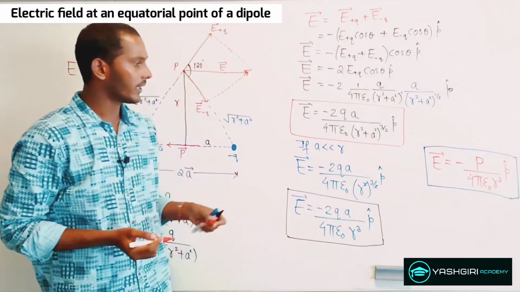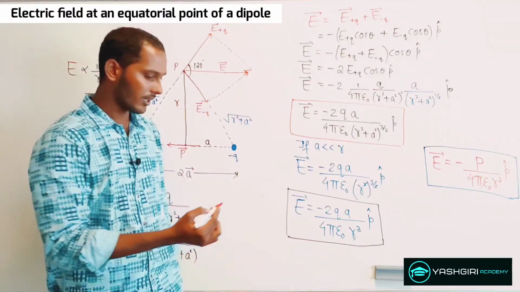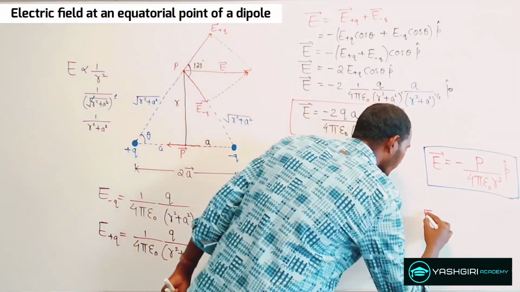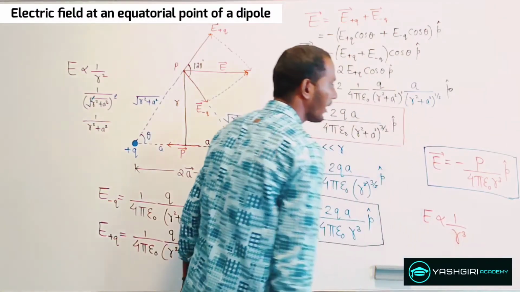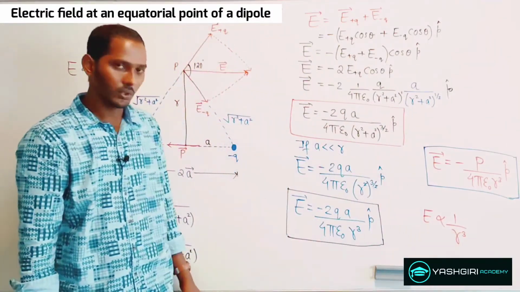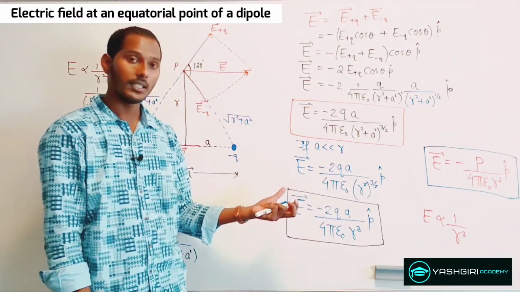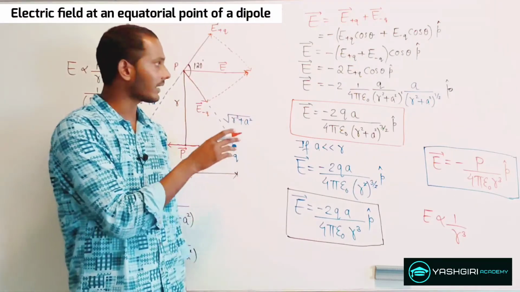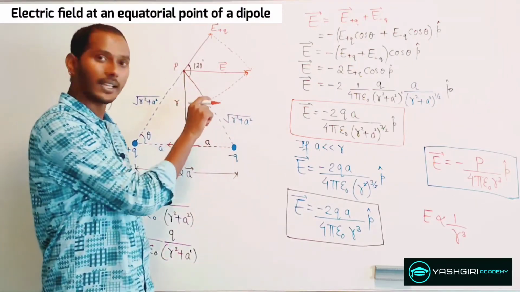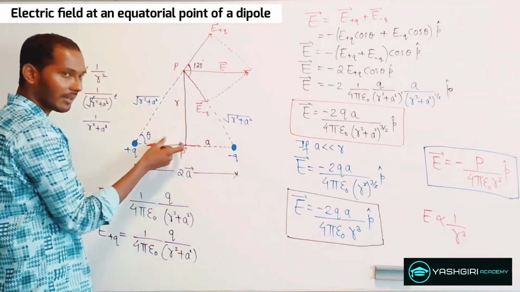Now one thing again to note is that the electric field over here, E, is inversely proportional to R cube. And an important point to make a note of is that the direction of this net electric field is exactly anti-parallel to the direction of this dipole moment.